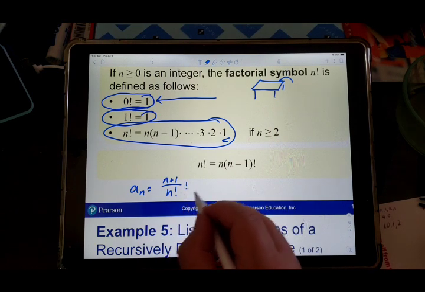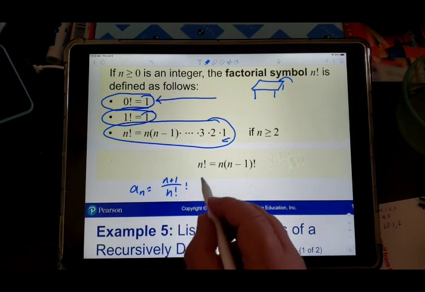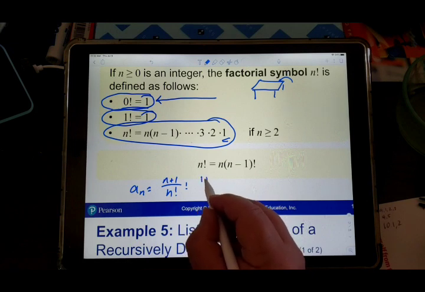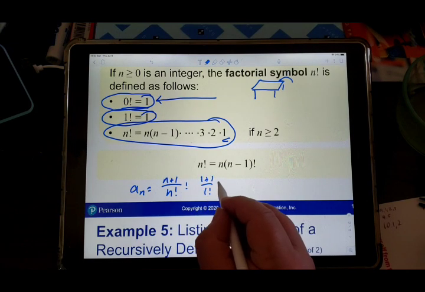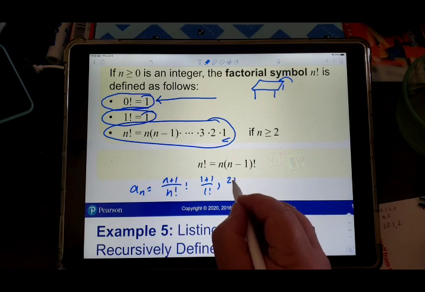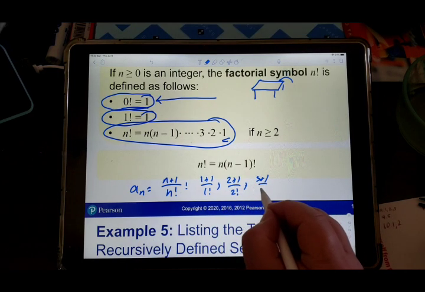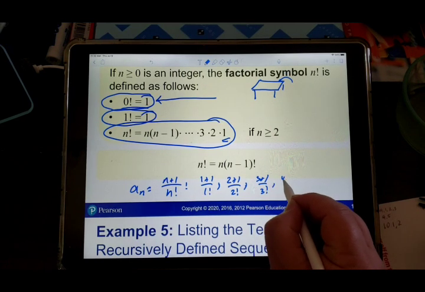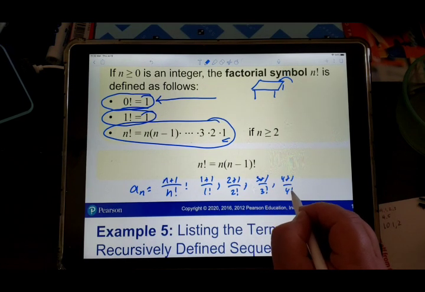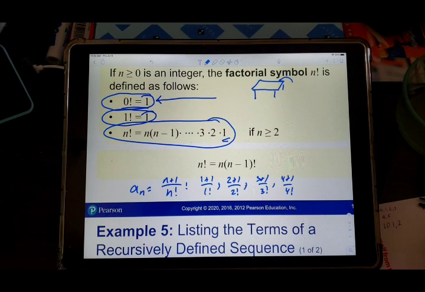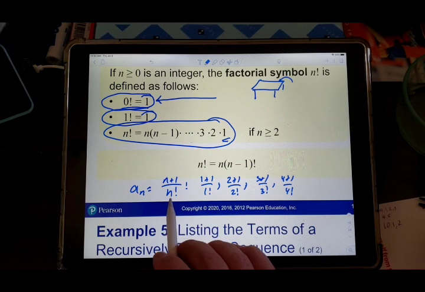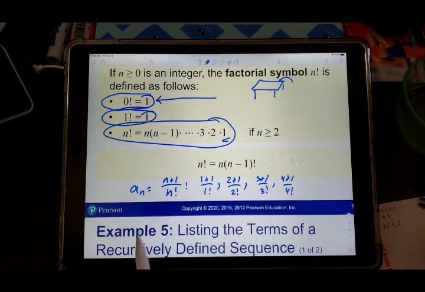What list would that give me? Well, it would give me 1 plus 1 over 1 factorial, comma, 2 plus 1 over 2 factorial, 3 plus 1 over 3 factorial, 4 plus 1 over 4 factorial. You get the idea. I could calculate each of those, but just be prepared for factorial to be in a formula, a list, or something like that.